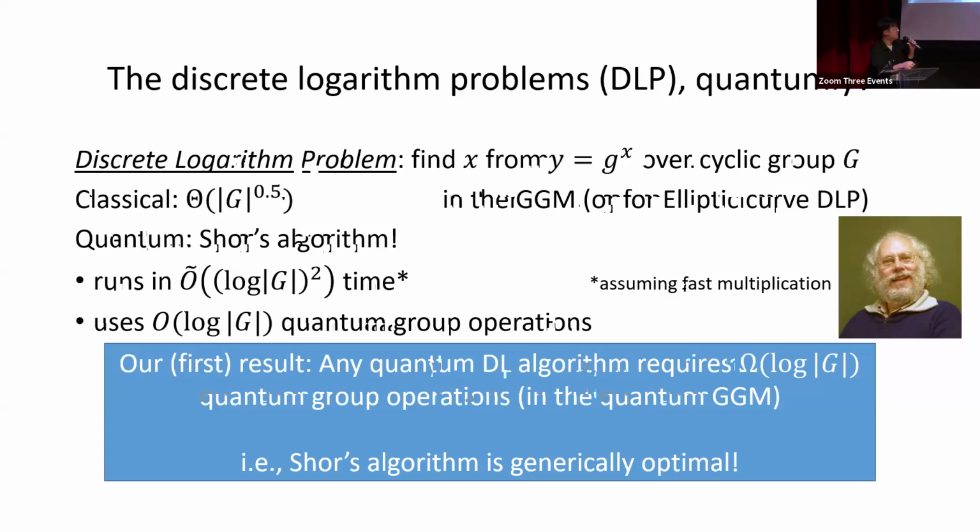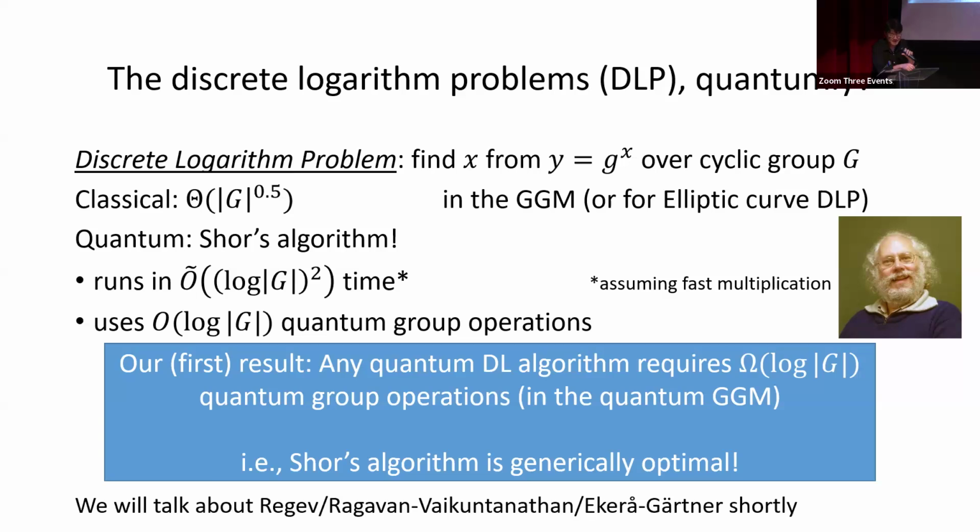So Shor's algorithm is generically optimal. But if you attended the best paper talk, it's a little complicated, because they improved Shor's algorithm. It's confusing, but I will talk about it shortly.